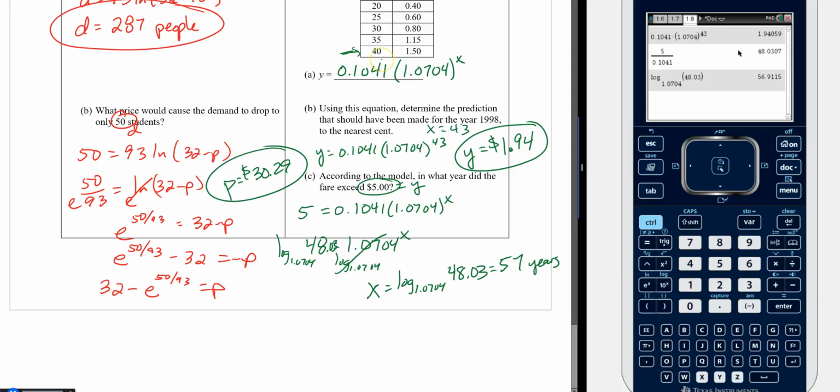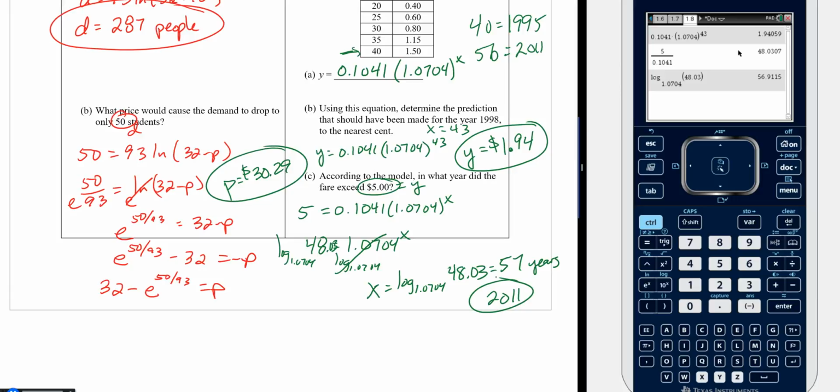So with 40, just remember 40 was 1995, so 56 should be 16 years after that. So 1995 plus 16 should be 2011. So in 2011 will be when the fare exceeds $5. And that is the end of our review. Good luck on the test.